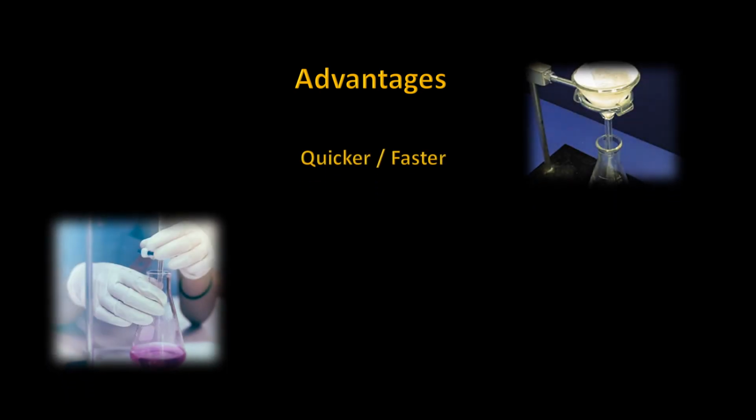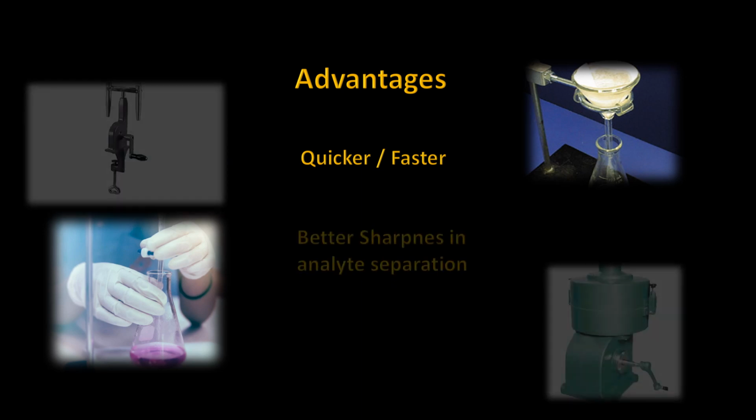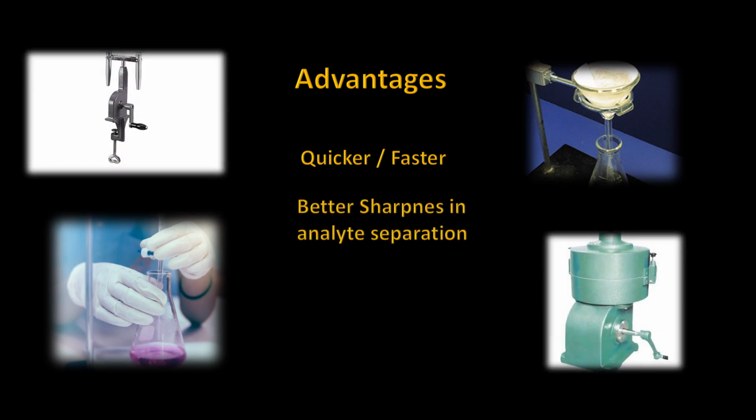As one can imagine, there are advantages for using the semi-micro technique. I mentioned earlier it was speed. Smaller sample volumes will shorten processing time, such as washing and decanting, evaporation, titration, and more. There is also sharpness in regards to analyte separation.